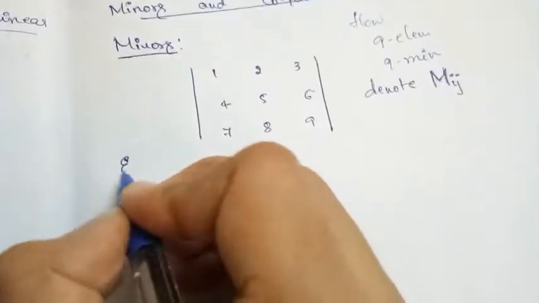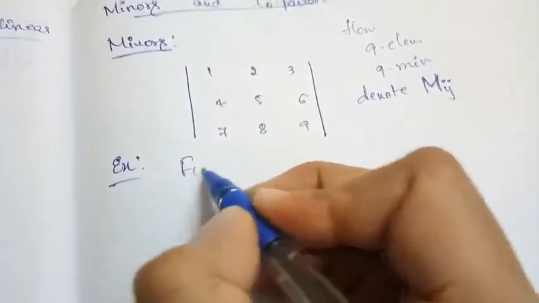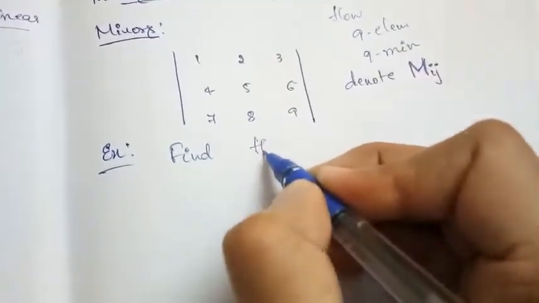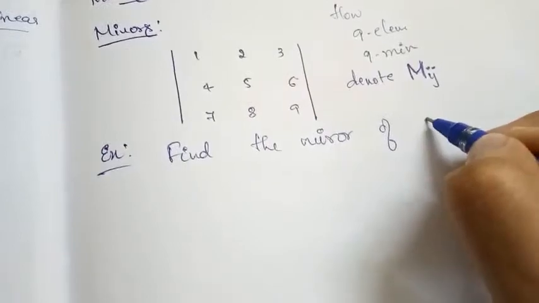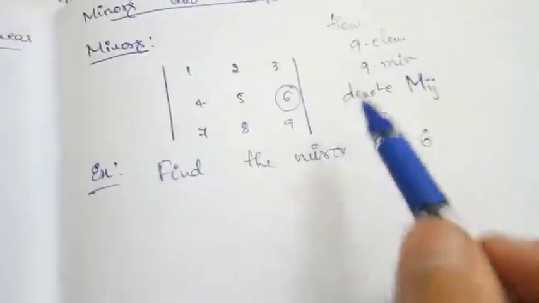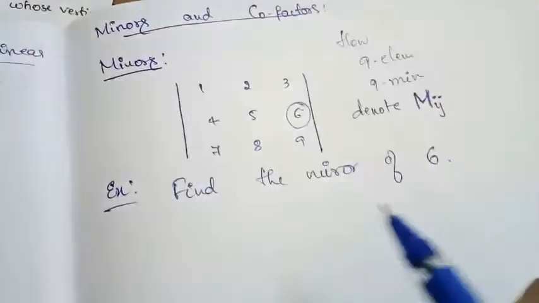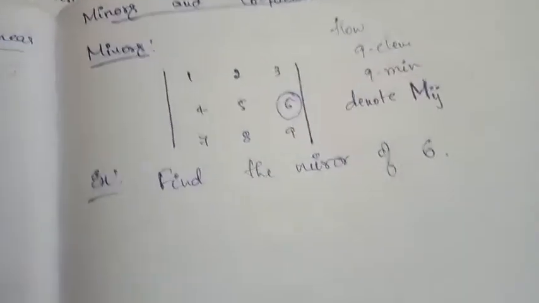For example, here if I ask you to find the minor of the element 6, where is that 6? Here it is 6. So how are we going to find the minor?